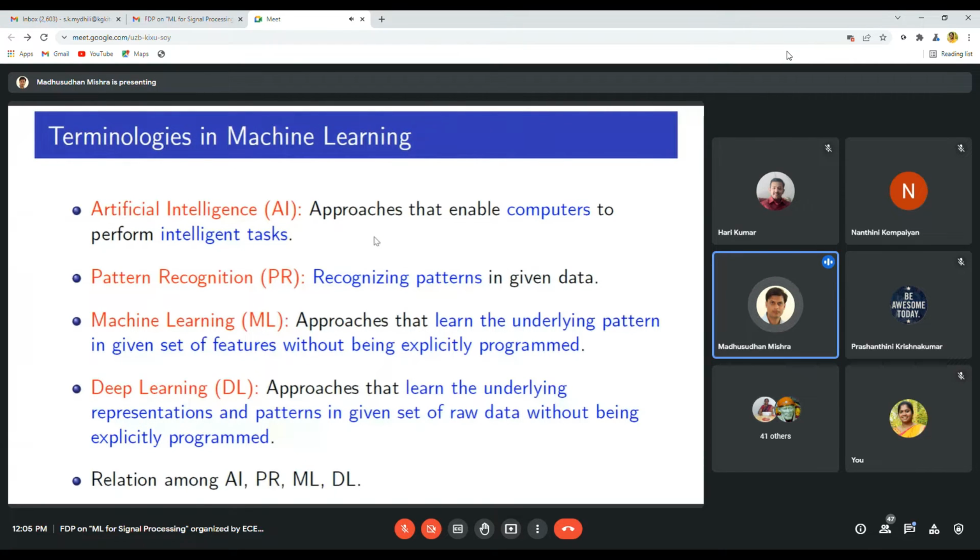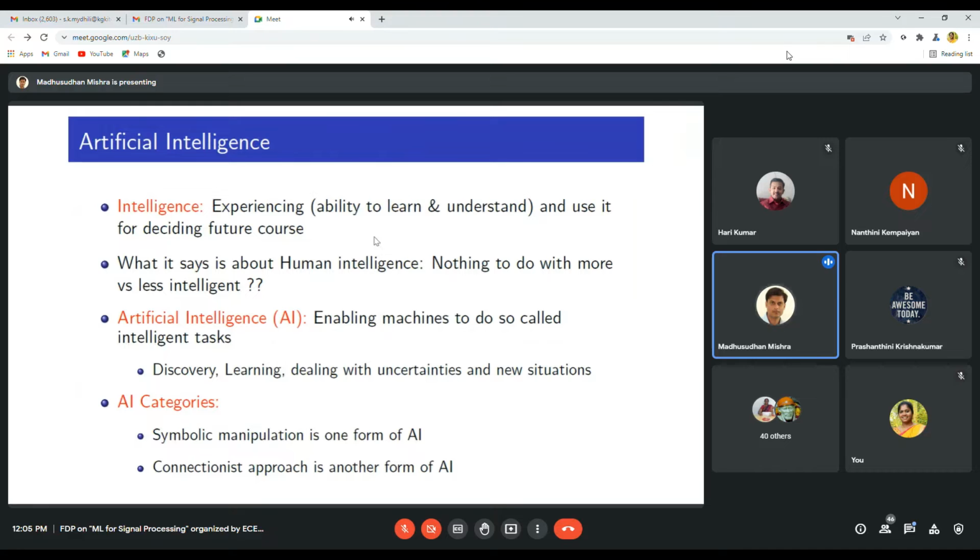Then there is a relationship between artificial intelligence (AI), pattern recognition (PR), machine learning, and deep learning. We will find that artificial intelligence is the superset, a broader area, and pattern recognition, machine learning, and deep learning are its subsets. When we say intelligence, it refers to experiencing, or the ability to learn and understand and use it for deciding the future course.